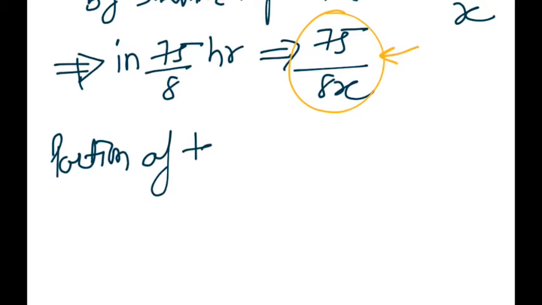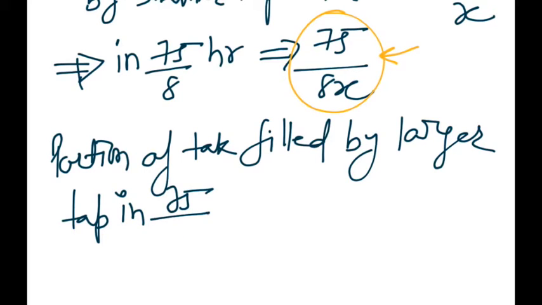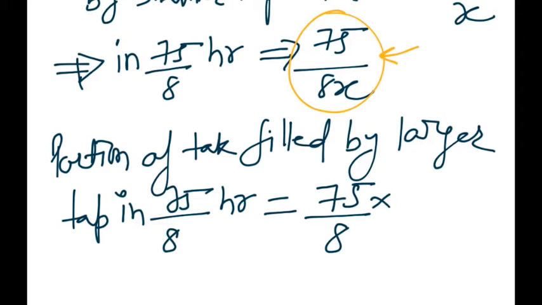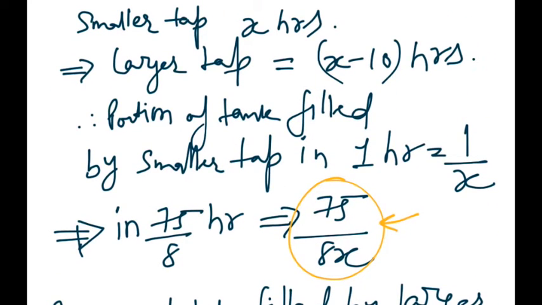The portion of the tank filled by the larger tap in 75 by 8 hours is nothing but 75 by 8 into 1 by x minus 10. This is clear because 1 by x minus 10 we got it here.